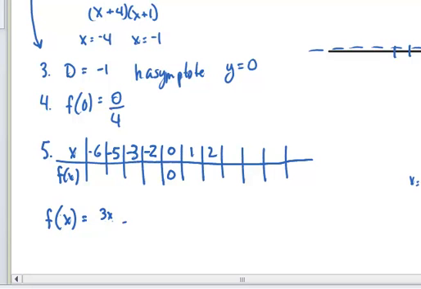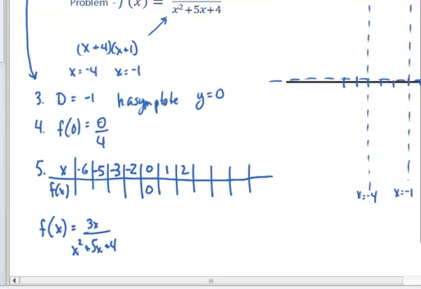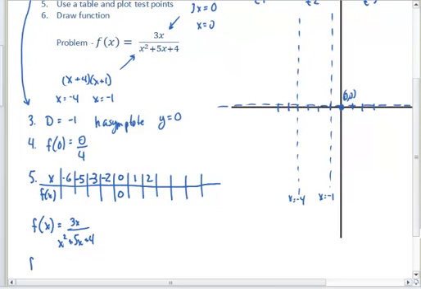So f of x equals 3x over x squared plus 5x plus 4. When I want to figure out what f of -6 is, I'm just going to put in -6.